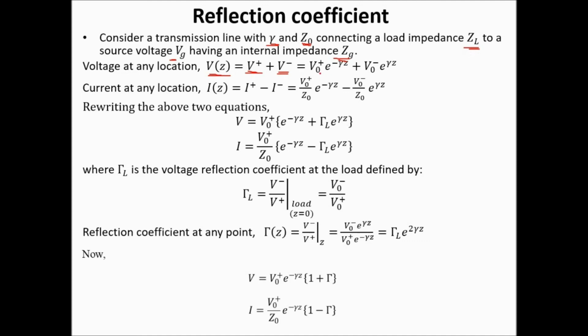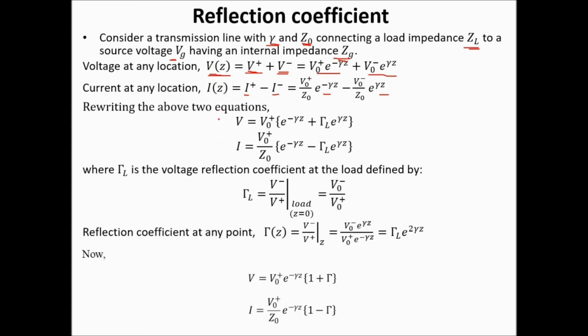So this is the forward voltage, this is the reflected voltage, and the sum of these is the total voltage at any point. Similarly, the current can be written as the forward voltage over Z naught e to the power minus gamma z, minus the reflected voltage over Z naught e to the power gamma z. So we got the general expressions for voltage and current.